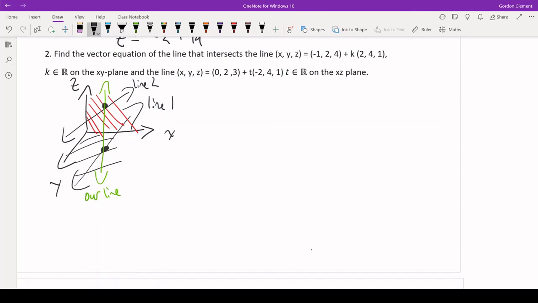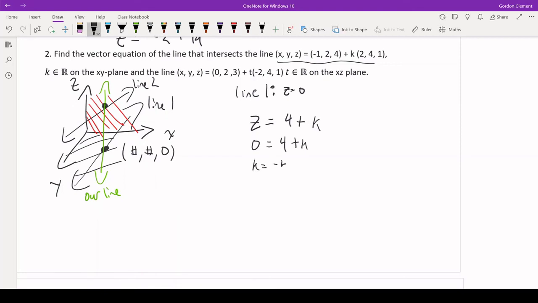And so we got to go way back to our first 3D lesson. I know that if that point's on the xy plane, it's got a z value of 0. So I'm going to take the parametric equation for line 1 and figure out what makes z equals 0 on line 1. So if I look at the z equation, it's z equals 4 plus k. I want z to be 0. So I know k equals -4.